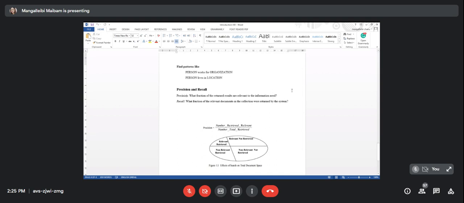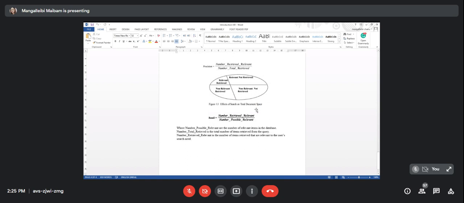We are going to compare it, whether it matches 100% or how much. That will be calculated in the next chapter. And for recall, what fraction of the relevant documents in the collection were returned by the system? So how many of your relevant documents are correctly retrieved from the collection. That is called recall.